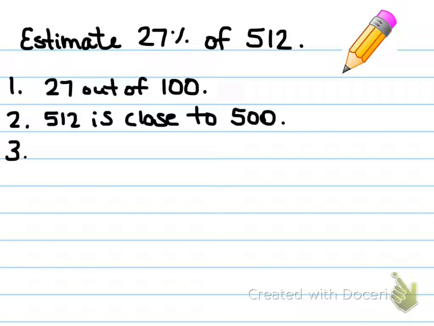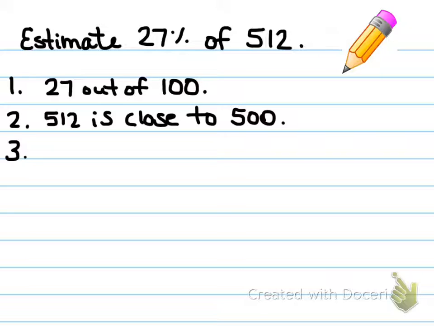Okay, again, there's not a lot of examples on this particular method, so again, you need your notebook paper and you're going to copy what you see here on notebook paper. Estimate 27% of 512. So you've got 27 out of 100. That represents the percent. You could even write it as 27 over 100, like a fraction.